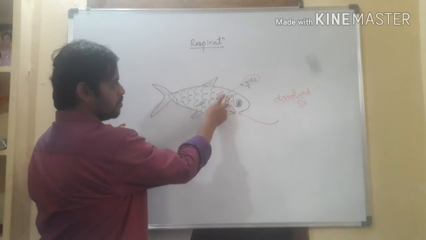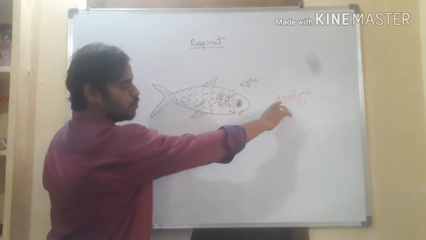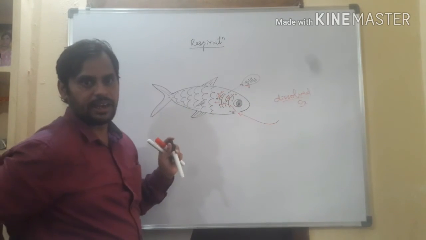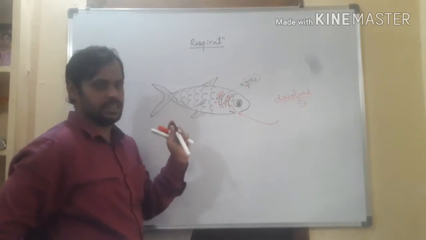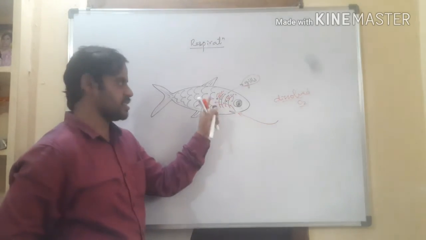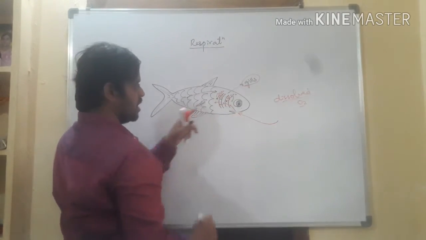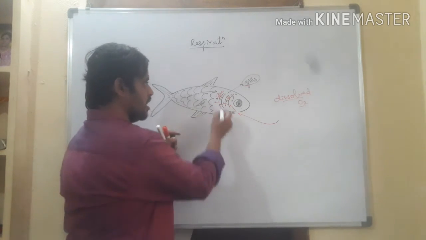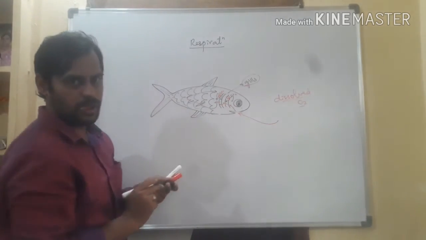At the gills there is hemoglobin, ready with carbon dioxide, and when it takes in water, in which oxygen is more, the hemoglobin takes up oxygen and leaves the carbon dioxide into the water. The hemoglobin is ready with the carbon dioxide taken from the body parts, and it catches the oxygen present in the water and takes it to the body parts again, right?